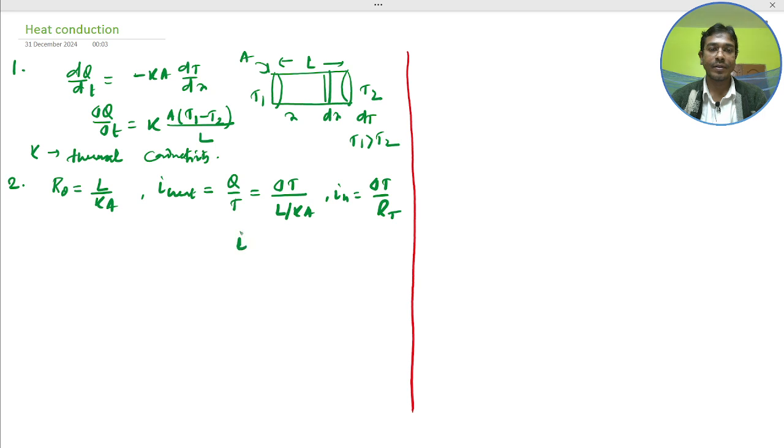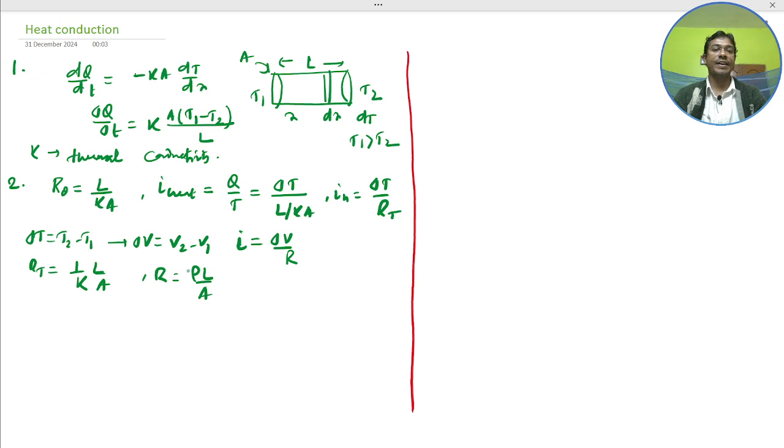Comparing with I equal to del V by R by Ohm's law, del T, T2 minus T1, is similar to del V, V2 minus V1. So R T would become 1 by K into L by A, similar to R equal to rho L by A, which we discussed in the current electricity chapter. So R T is equal to 1 by K into L by A. Very important relation.